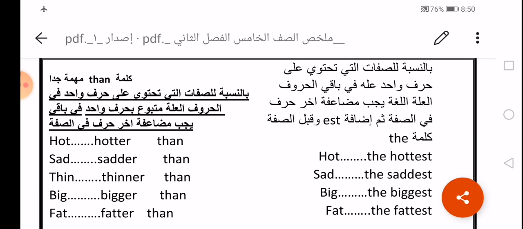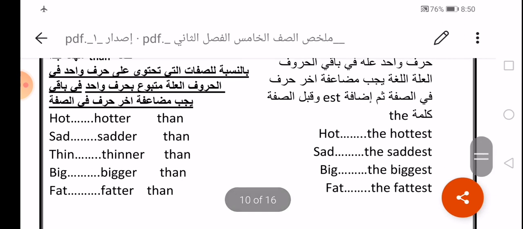These are adjectives. Hot, it is an adjective. Today is hot, or the city is hot. And we have sad, it is an adjective. Thin, adjective. Big, adjective. Fat, adjective. So what happened? Look at the change that happened to these adjectives.